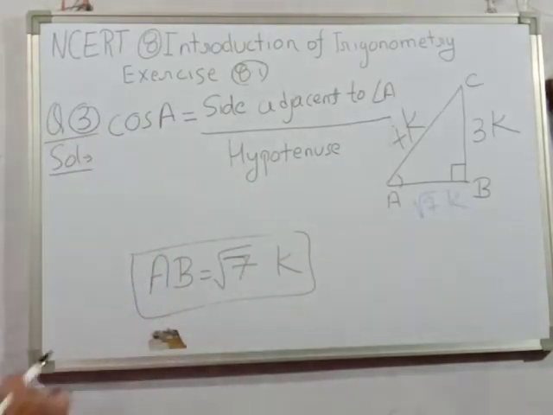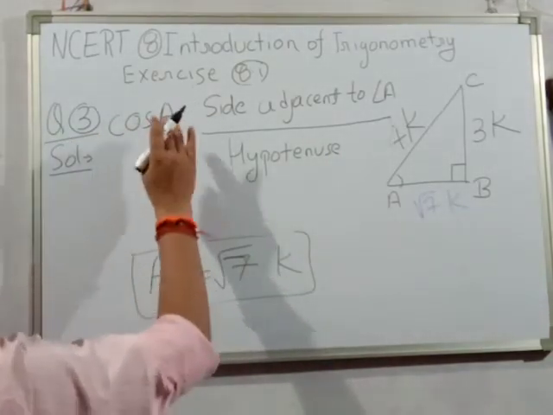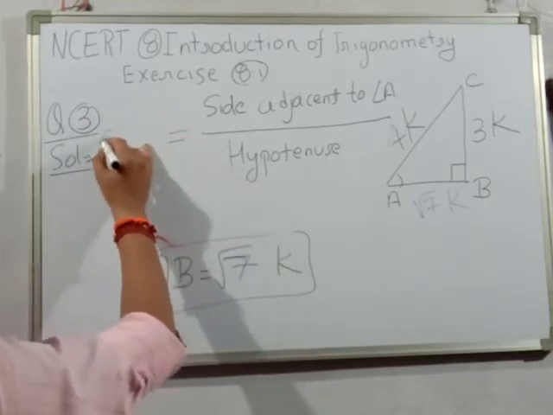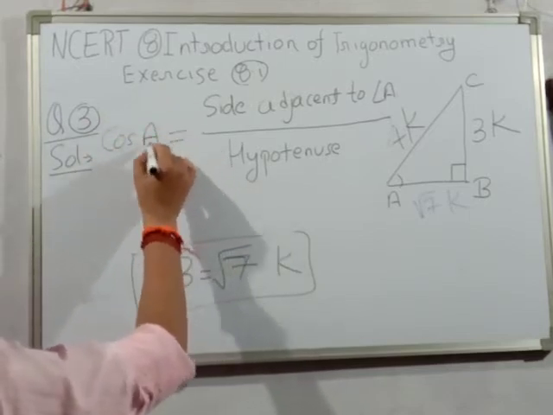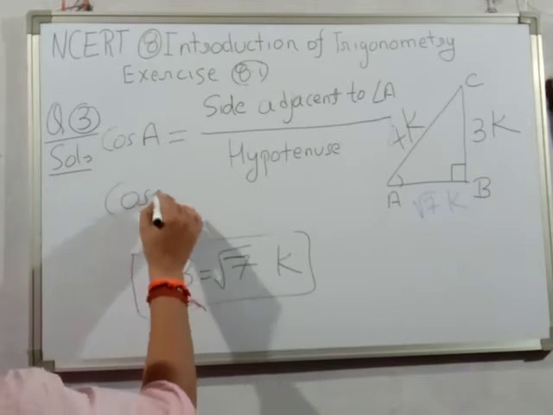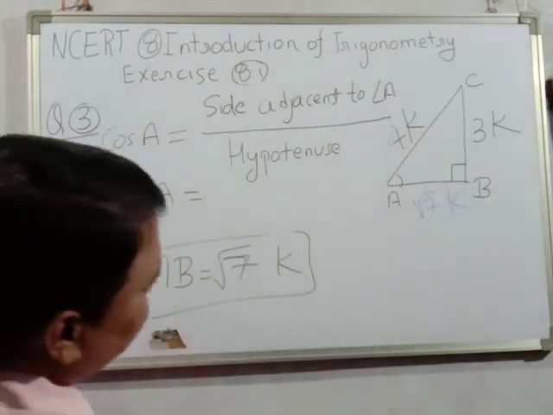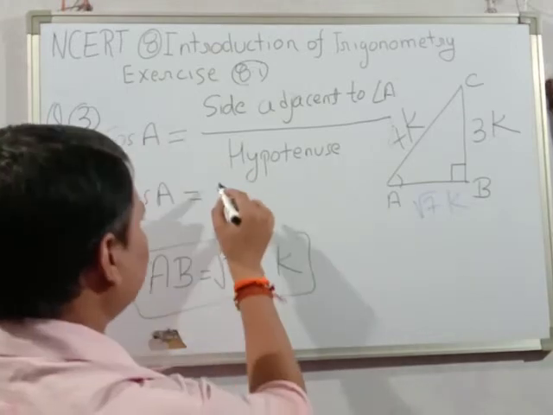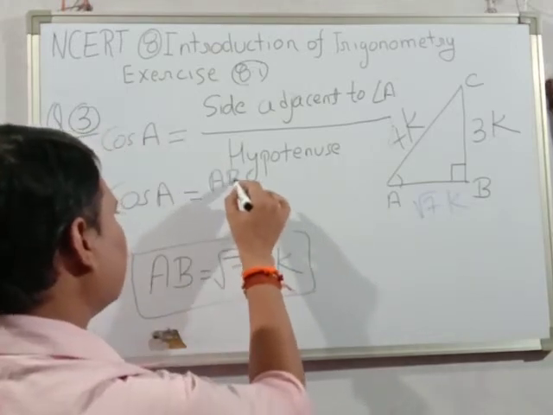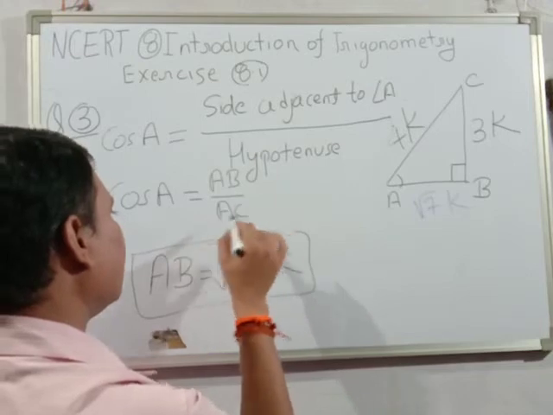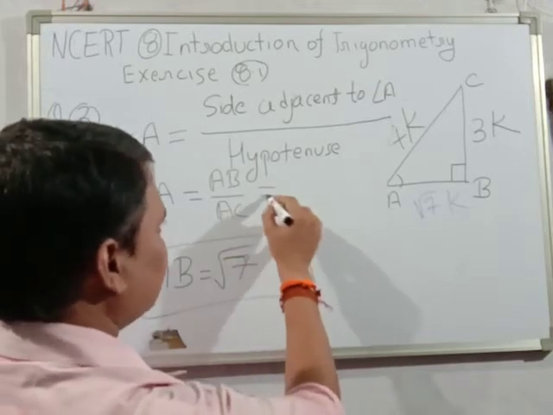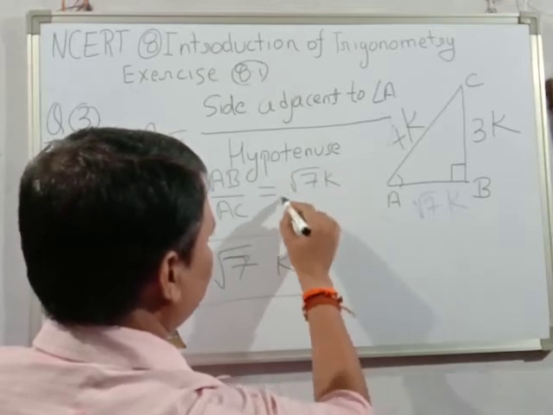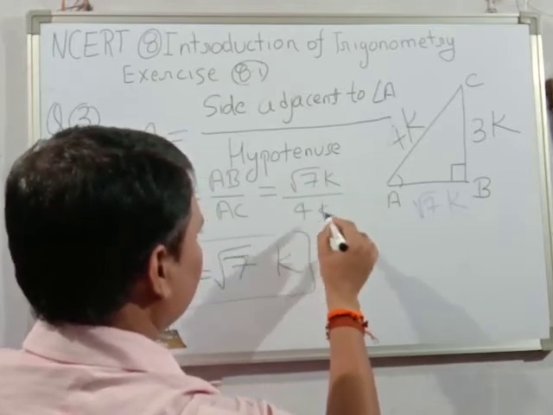This is the formula of cos A. So cos A equals AB upon AC, that is root 7K upon 4K.